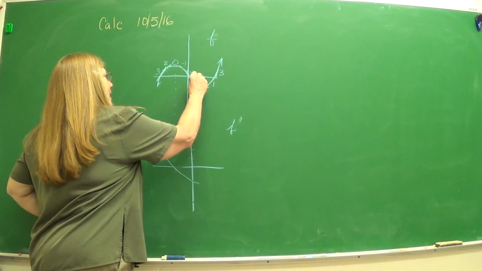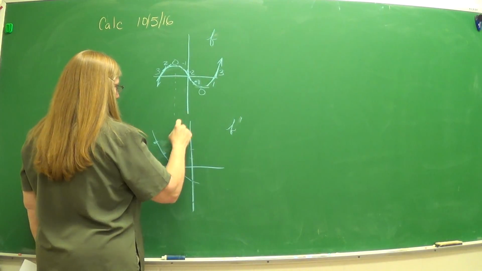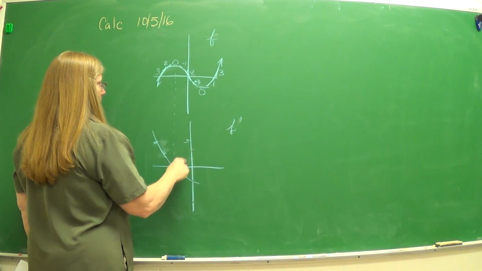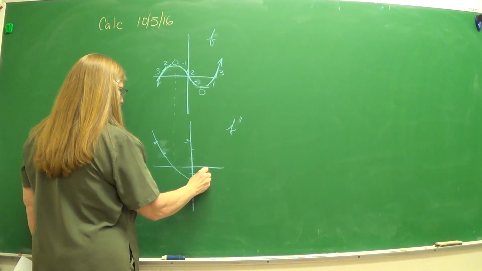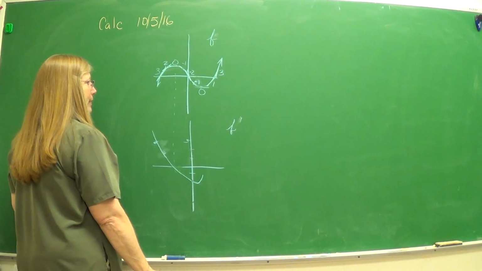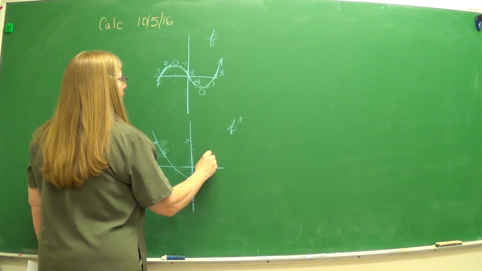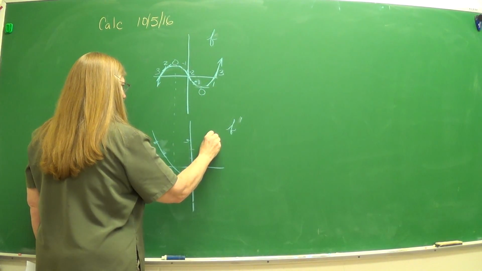So it became a -1 here. So let's see what happens on our graph. If I'm at 0 here, -1 here, -2 here, and then back to -1. See how it had to curve back up? Then the slope was 0, and then the slope was 1, and then the slope was 3.